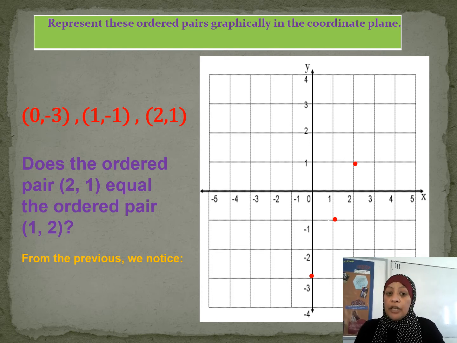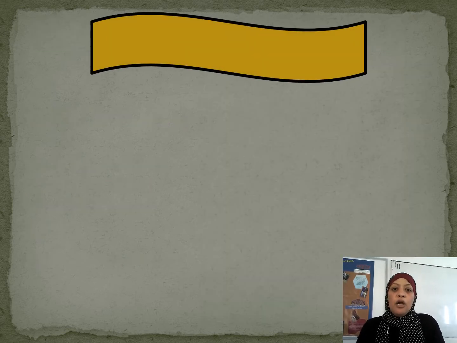Let's represent the ordered pair 1 and 2. Are they equal? Of course not, because they have different positions. So we can say that the ordered pair 2 and 1 does not equal the ordered pair 1 and 2. It's not allowed to exchange the places inside the ordered pair, because if you exchange the places, it means another position for another ordered pair.